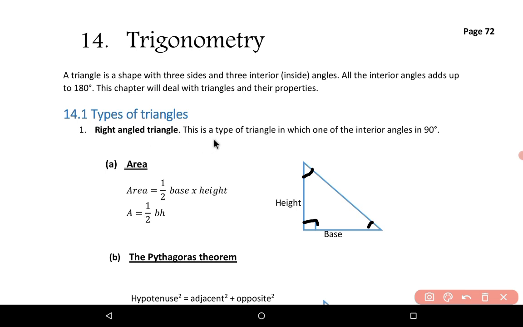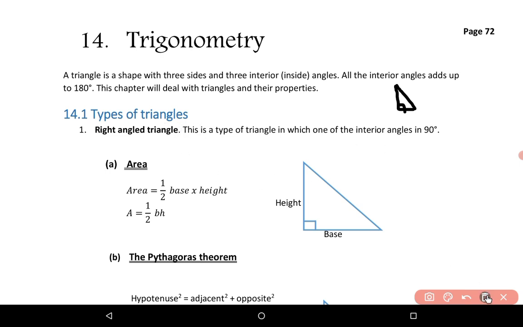This type of triangle is a triangle in which one of the interior angles is 90. This triangle is known because it has a 90-degree angle here, and it is an L-shaped triangle. So that is a right angle triangle.